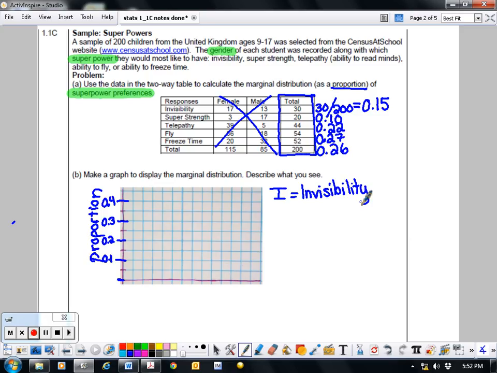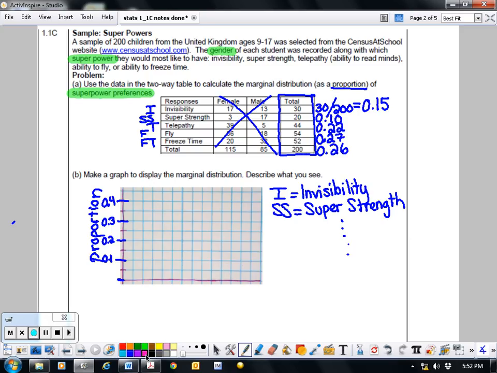You can't just assume that people know that SS stands for super strength, and so on and so forth. So for our purposes, I'm going to go ahead and use I, SS, T, F, and FT.